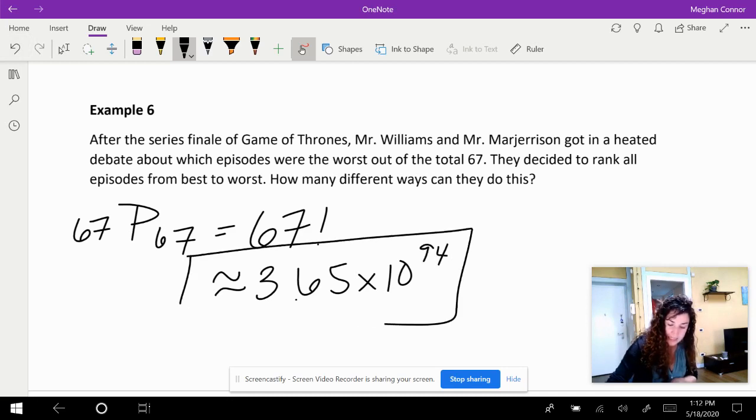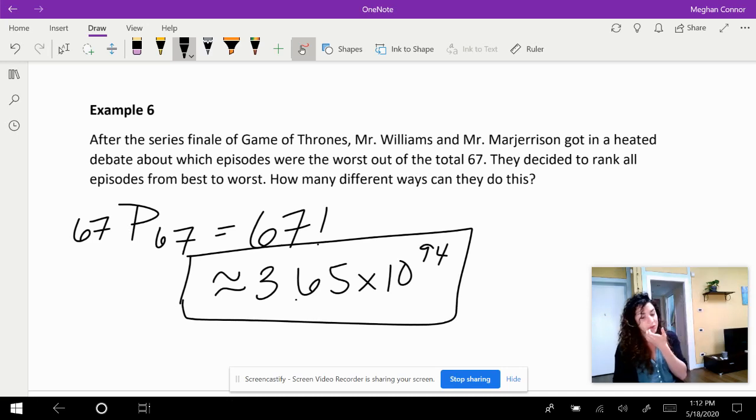I'm going to do the squiggly lines because I didn't use all of the digits. So it's about 3.65 times 10 to the 94. That's 94 zeros. So 94 divided by 3, because 3 zeros signify million, billion, trillion, quadrillion. So that's a lot. I'm sure we have a name for a number that is that large. But there's a lot of different ways that we could rank these episodes.